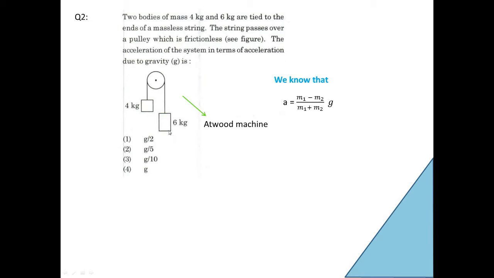Always take m1 to be the greater mass, and m2 to be 4. Substitute: 6 minus 4 by 6 plus 4 into g. 6 minus 4 is 2, 6 plus 4 is 10. This g will come as it is. 2 by 10 is 1 by 5, so 1 by 5 into g. The correct option is 2.